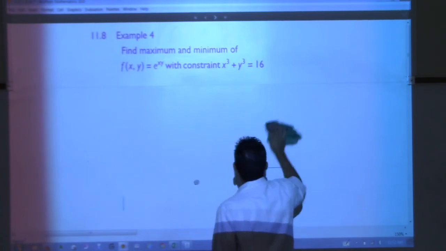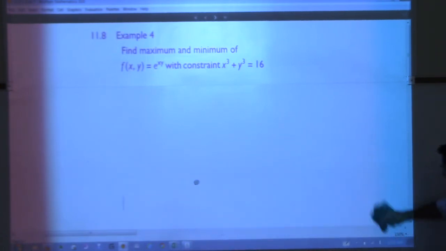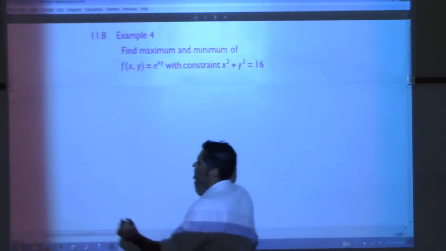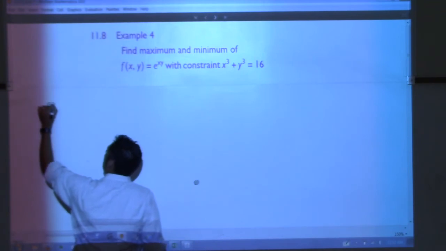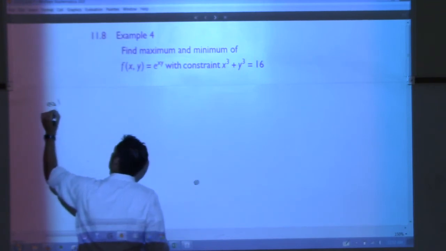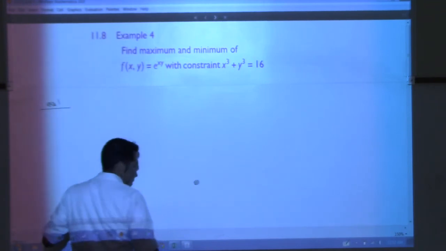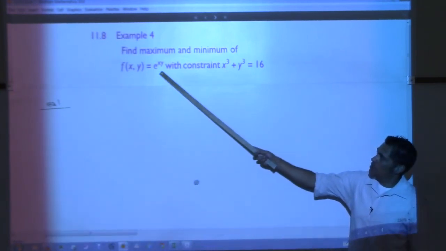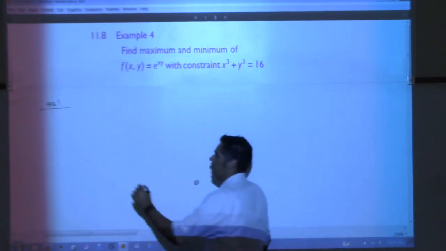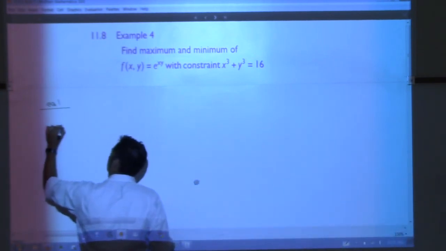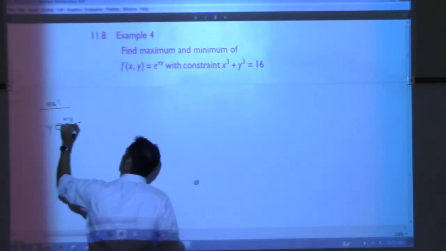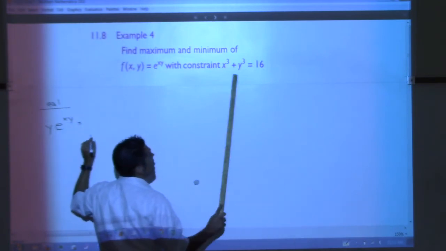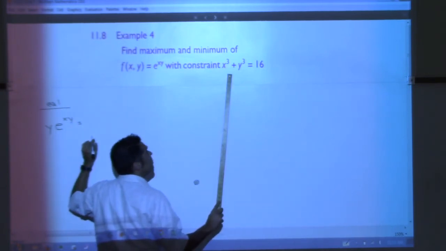Let's go back here. This one looks fun. 3 equations. The first equation is you're taking the partial of f with respect to x. It would be y e to the xy equals the derivative of this with respect to x, but don't forget times lambda.